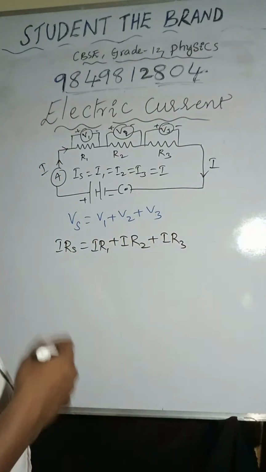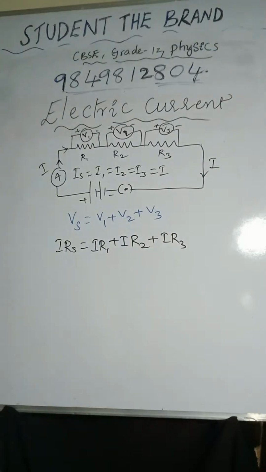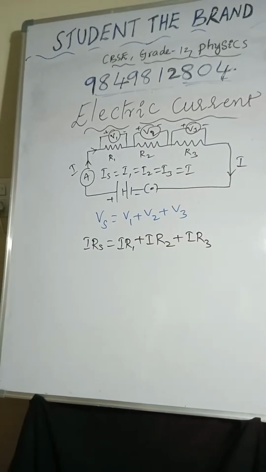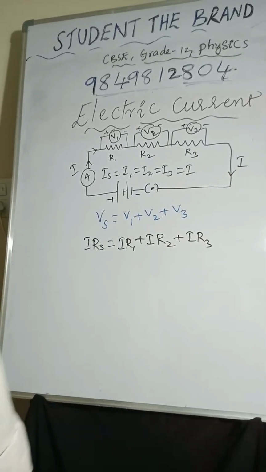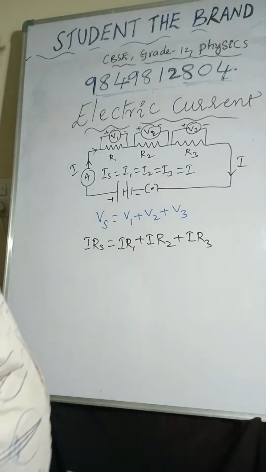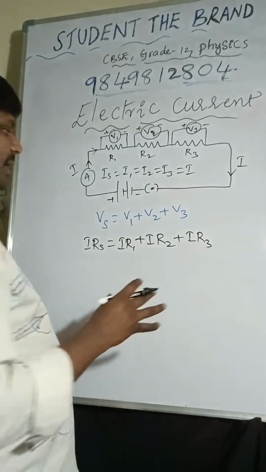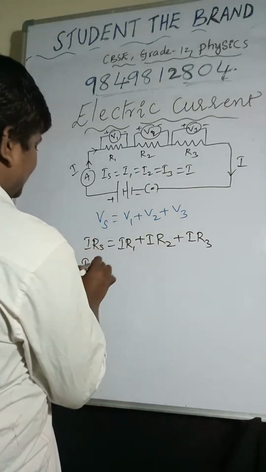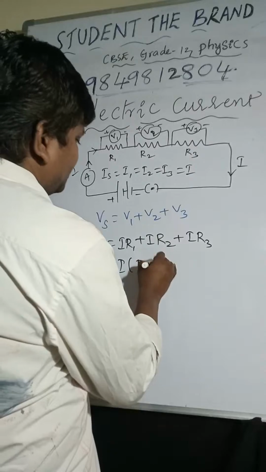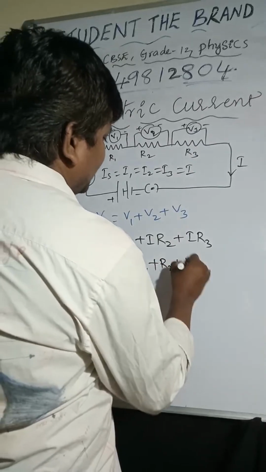If I take I common, then what will you get? Is it clear? So now I am taking I common: IRs equal to I times R1 plus R2 plus R3.